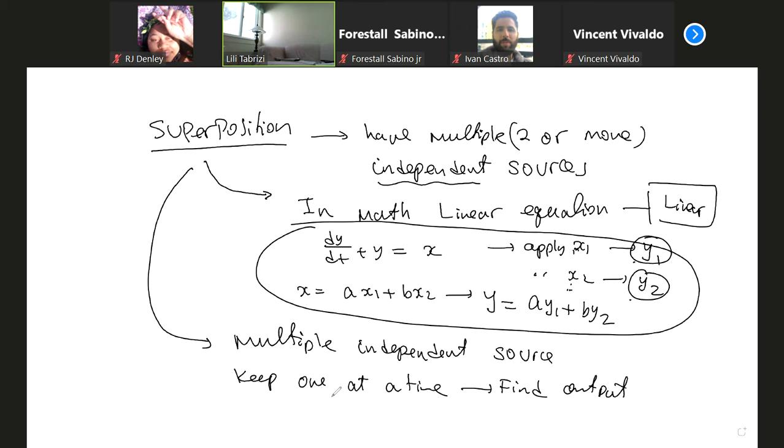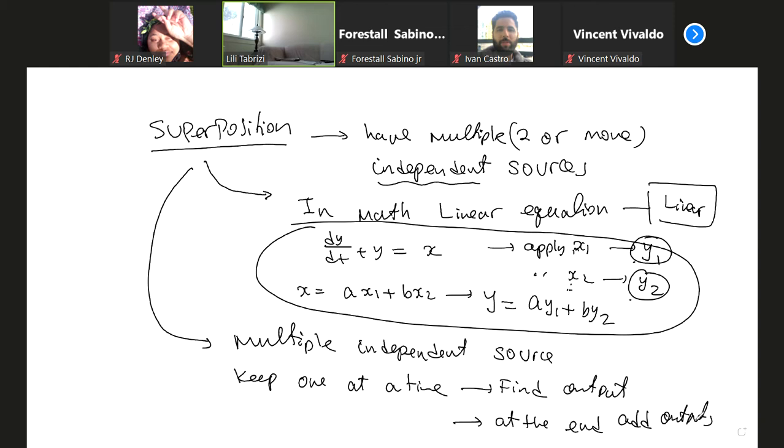Keep one at a time, find the output. At the end, add the outputs. It's a very simple concept. That's why I said it's a very short handout. I have nothing else to say.